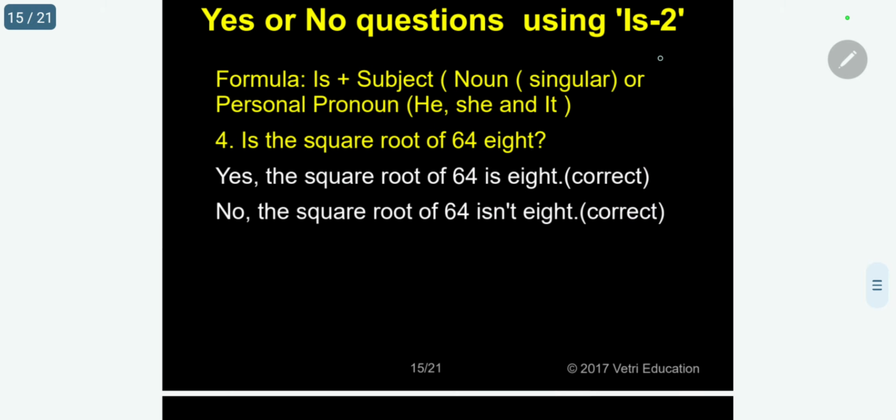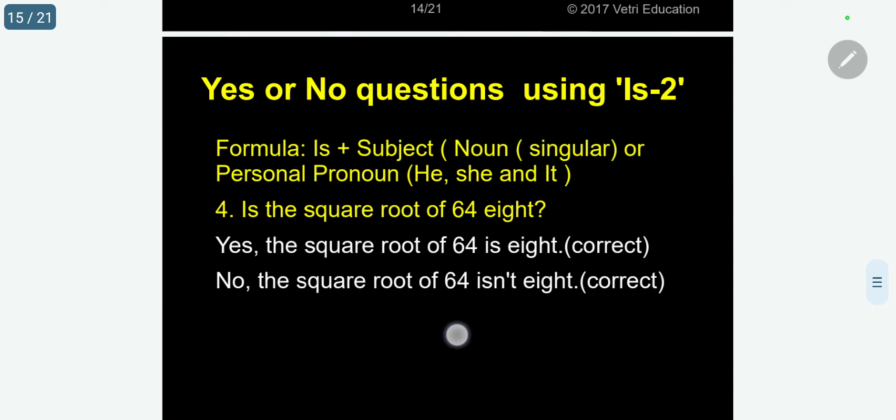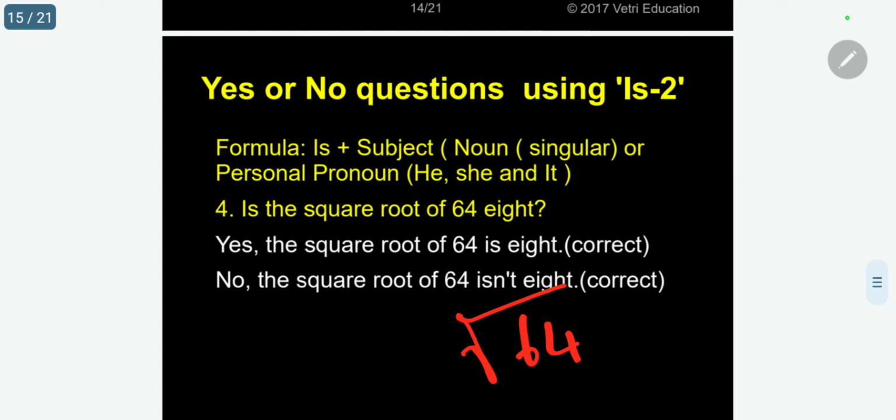The next one. Question number 4. Is the square root of 64 8?